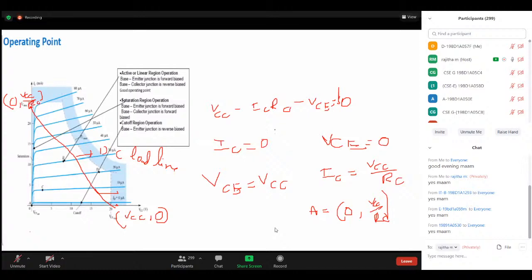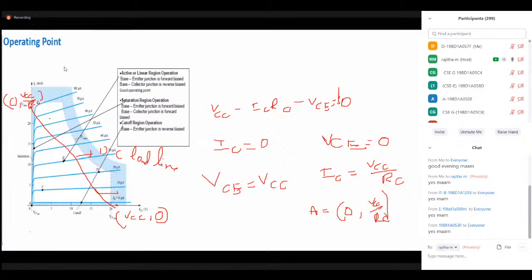Next, we need to find the maximum collector current which you can transfer through the transistor with a DC voltage by substituting VCE as 0. If I have a heavy amount of current flowing through RC, then the total amount of voltage will drop across RC itself, and the voltage collected at collector to emitter becomes 0.